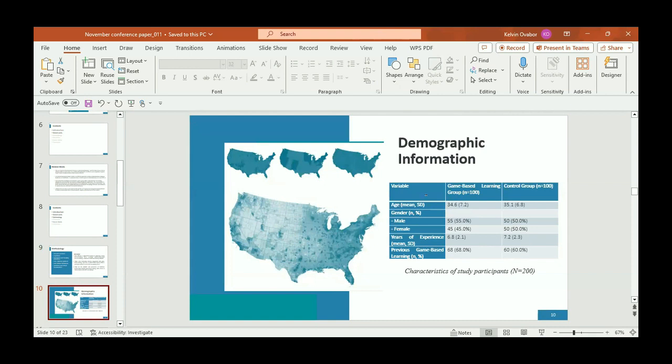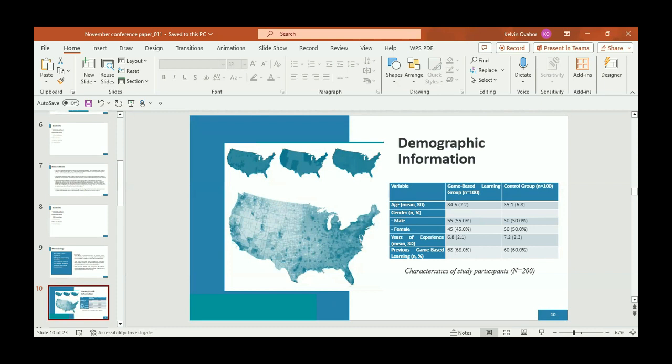Now, looking at this, we have the demographic information or the social demographic information as you have here, whereby the participant, the game-based learning group, the 100, that's the experimental group, those that were made to go through the game itself. Then the control group, they did undergo the training itself.